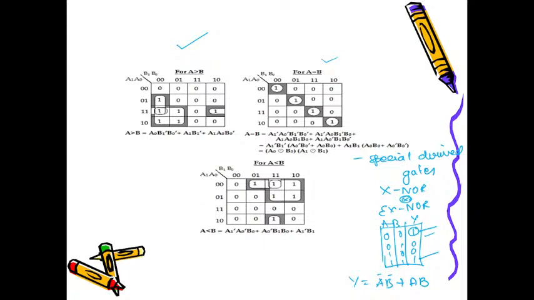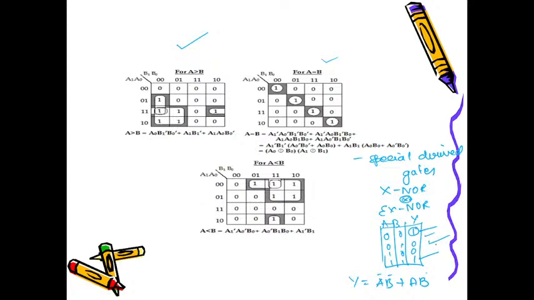That is why we have written it as A bar B bar. It also produces the output high when both the inputs are equal to 1, so we represent that with A into B. 1 means without complement, 0 means with complement. So this is the truth table of XNOR.